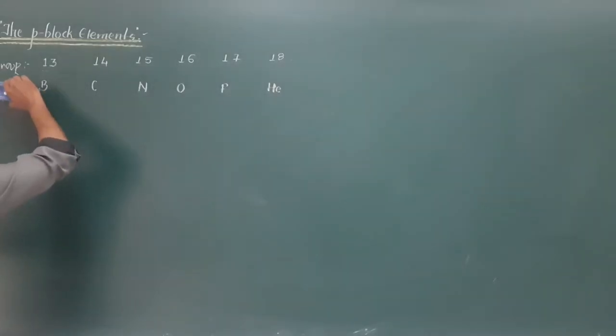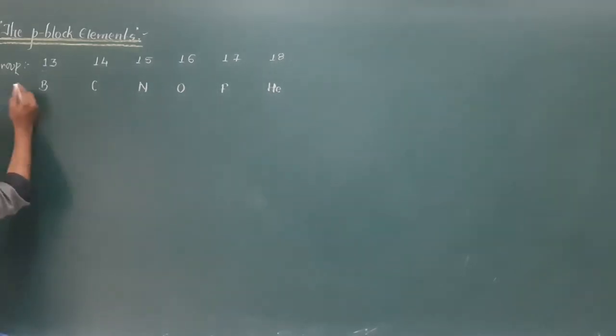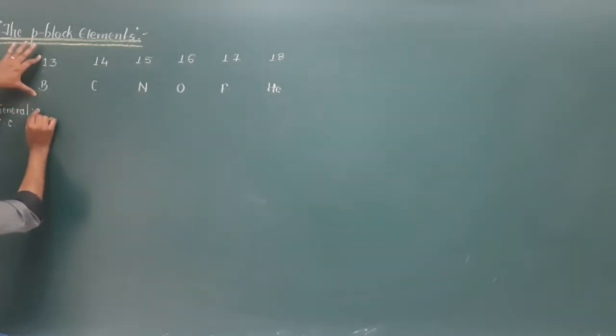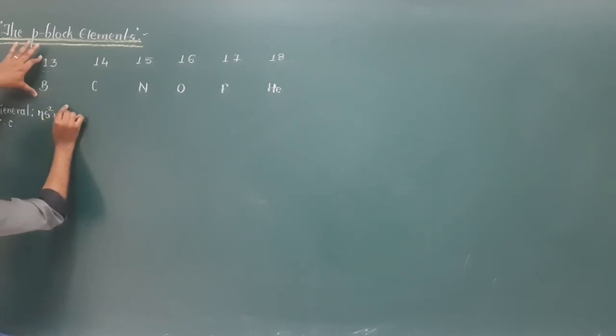So the general electronic configuration for the boron family is ns2 np1.